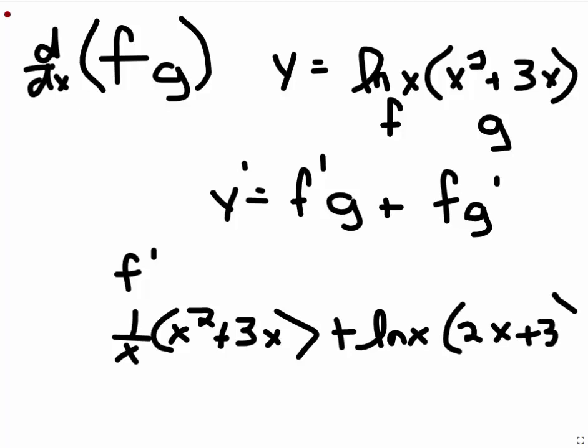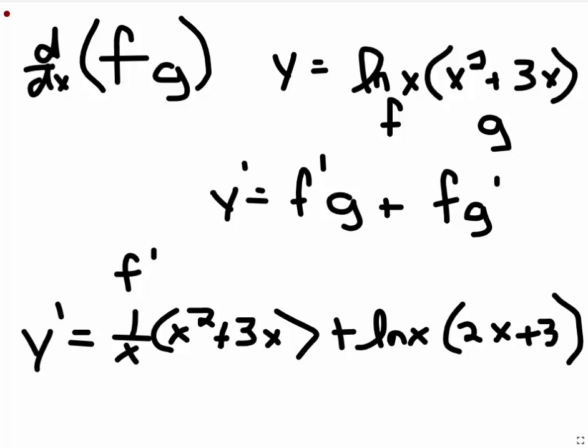It's not a pretty derivative, but that is y prime using the product rule. So that's just an overview of product rule, and your functions could be any types of functions there. It's just f prime g plus f g prime.